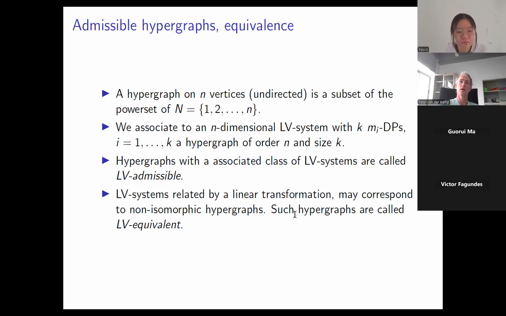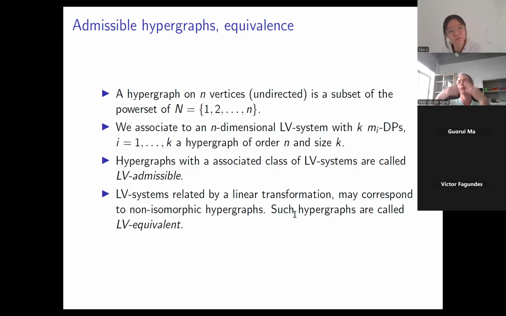But this LV system will have exactly the same number of Darboux polynomials, but it may be connected to another hypergraph, which is not isomorphic to the hypergraph that you started with. And then you would say that these non-isomorphic hypergraphs are still LV equivalent because there's a linear transformation between them.